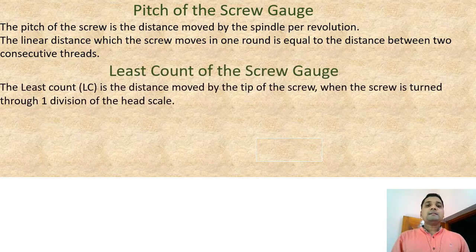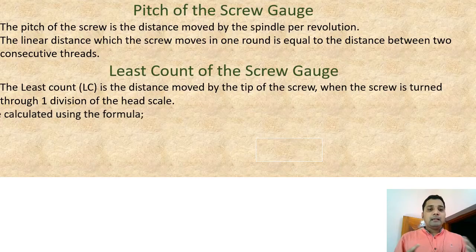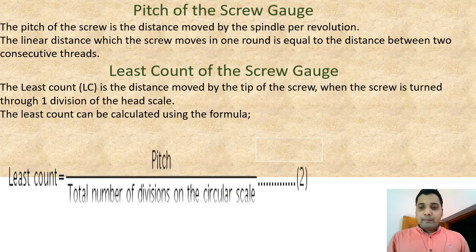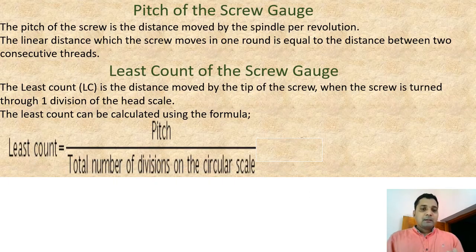To find the least count, here we have one more part called the circular scale, like in the vernier caliper we had the vernier scale. The least count is the pitch of the screw gauge divided by the total number of divisions of the circular scale.